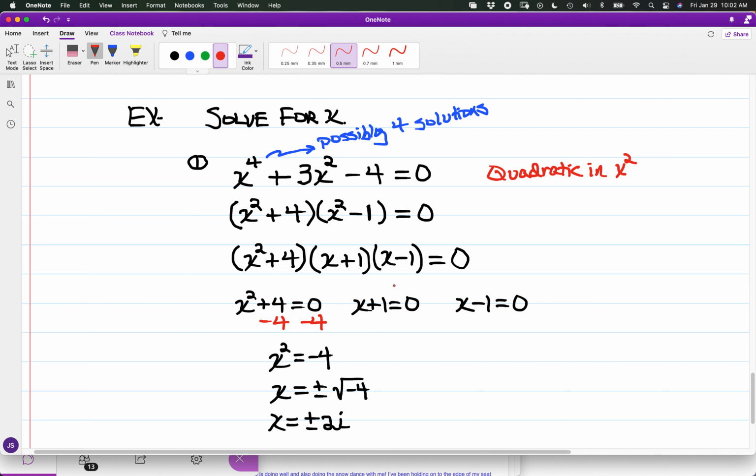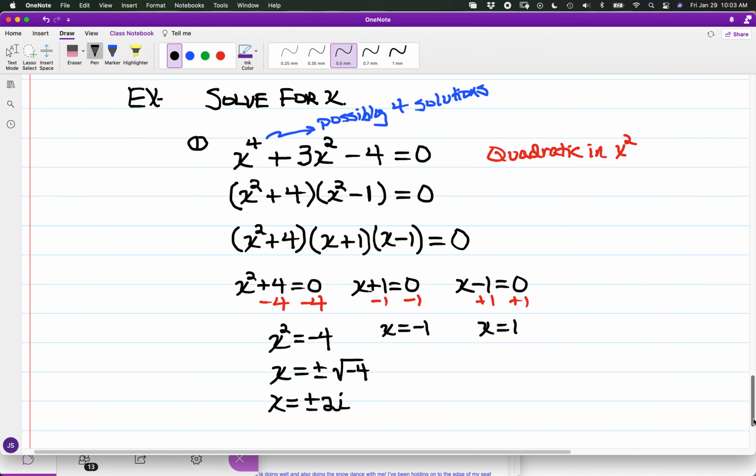Now for x plus 1 equal to 0, if I take 1 away from both sides, we're going to have that x is equal to -1. And if x minus 1 is equal to 0, then upon adding 1 to both sides, we're going to have x is equal to 1.